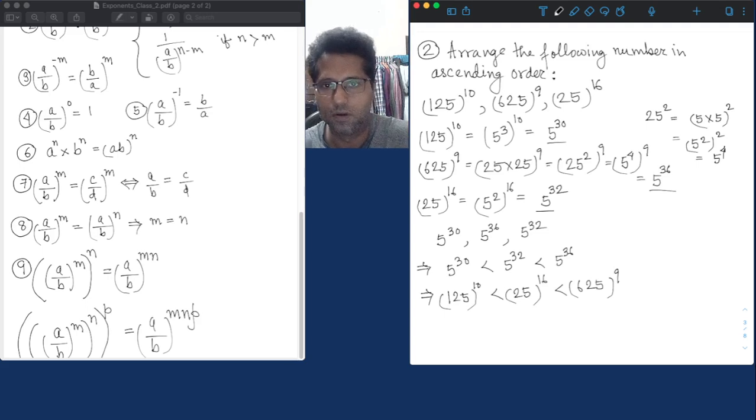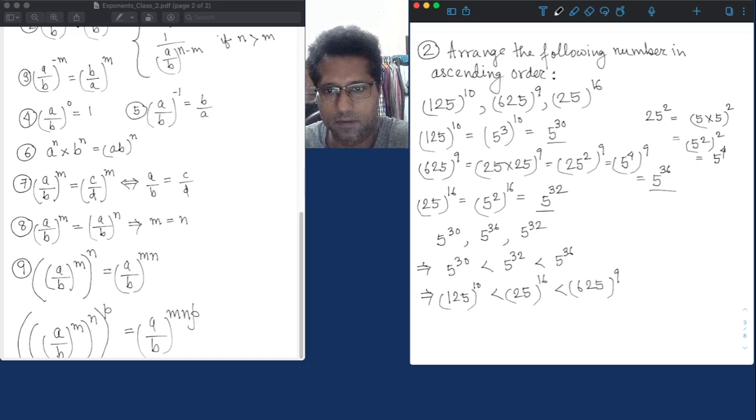So in this kind of problem, we can convert all the numbers in exponential form to some same base, and then we will compare the exponents, that is the powers, and based on the powers we can arrange them in ascending or descending order. Okay.